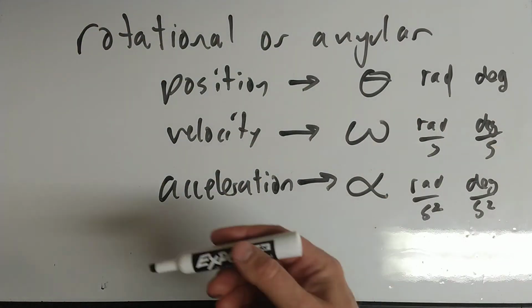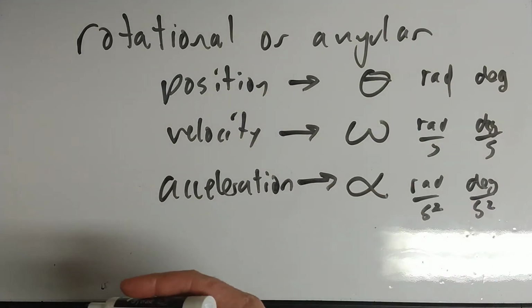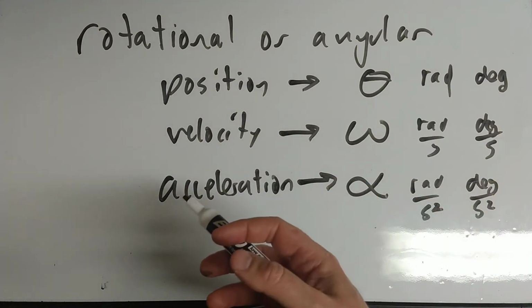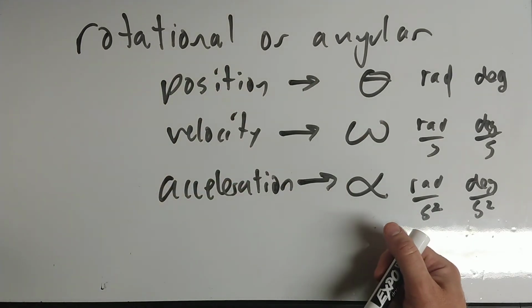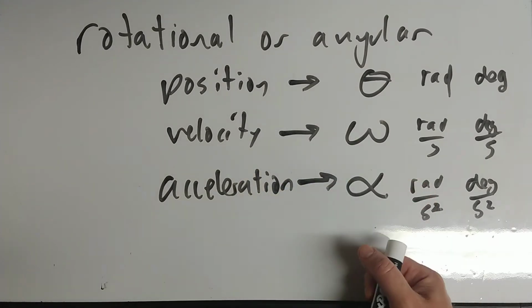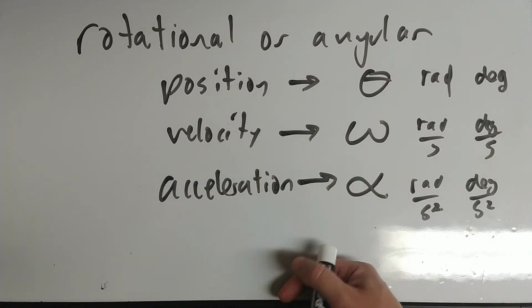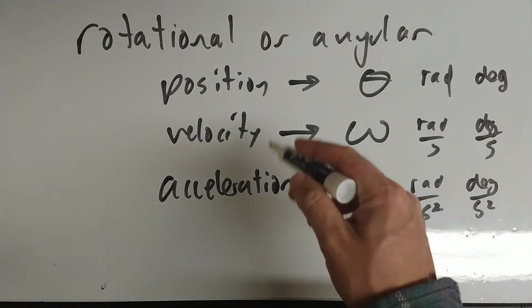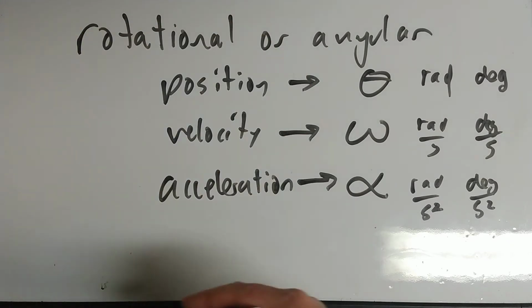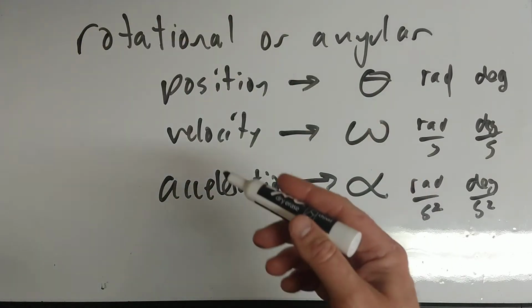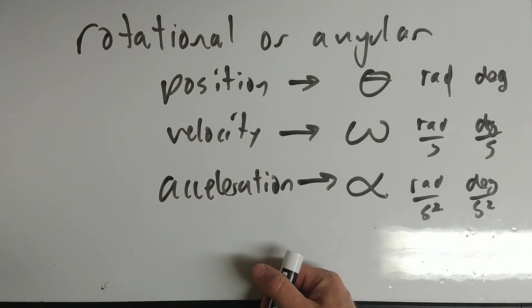So if something rotates through an angle of 3,600 degrees, then it's rotated around 10 times. It's a different way of thinking of something rotating: the angle it's turned through, the rate of change of the angle, and the rate of change of that rate of change.